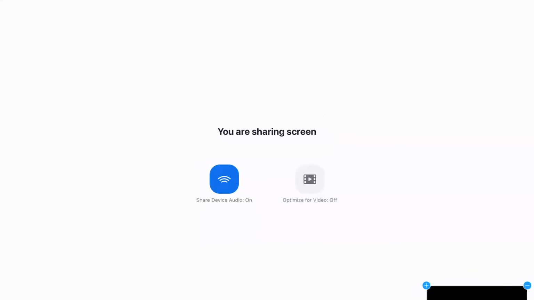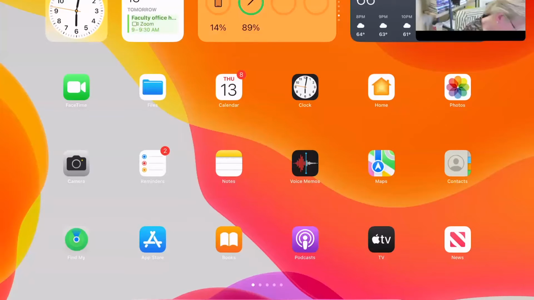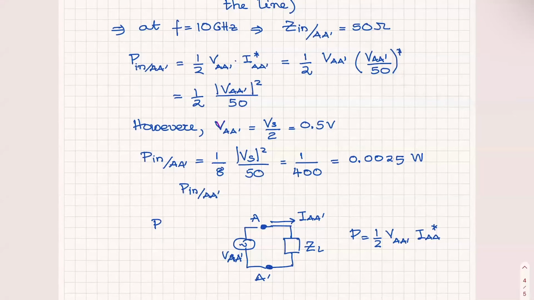So it's the complex conjugate because of what reason? That's the definition. That's the definition of power in the Fourier domain, in the frequency domain. In the frequency domain? Okay. Yes, that's the definition.